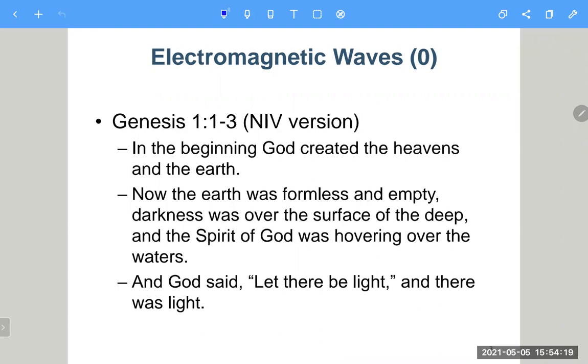Okay, so when we talk about electromagnetic waves, this is just a joke. So this is the Genesis. If you study in a Christian school, you should have learned the Bible or memorized some of it. So in Cantonese, it is like: In the beginning God created the heavens and the earth. The earth was formless and empty, darkness was over the surface of the deep, and the Spirit of God was hovering over the waters. And God said, let there be light, and there was light. I cannot even memorize it in Mandarin, because when you try to memorize something in a specific language, it's not easy to translate into another language.